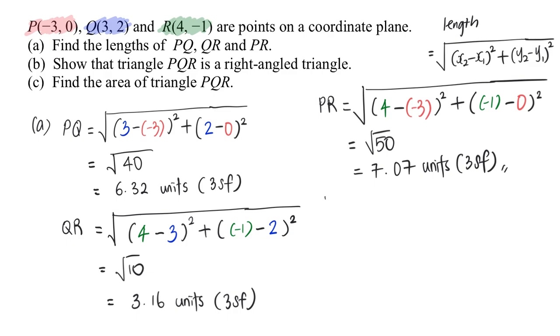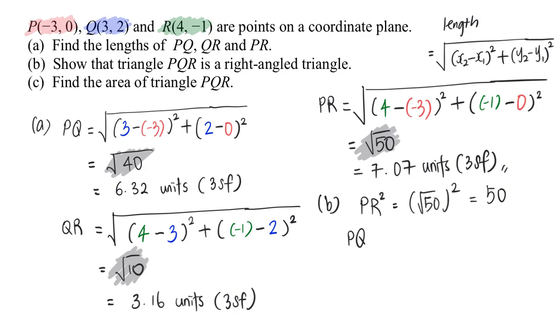Now for part B, we do have to show that PQR is a right angle triangle, and to do that, I saw that if I look at their values, PR squared is equal to the square root of 50 squared. This one is equal to 50.